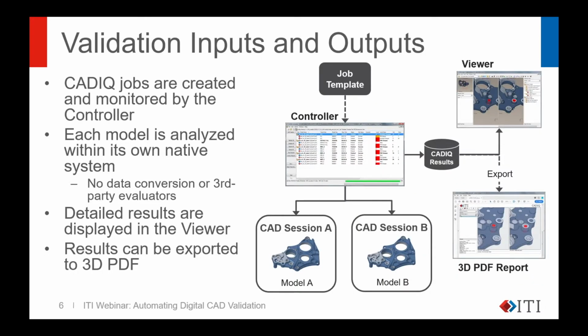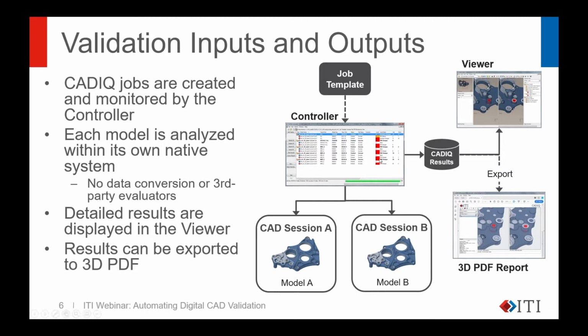Really, digital validation, when you consider the automation of it, it's important to think about it from a user story, or how the user interacts with the data. So one of the strengths of doing it digitally is that the data is evaluated in the systems where it was generated. So for the sake of the discussion today, we're talking about inputs like a CAD model or two CAD models or a CAD model and a derivative file like a STEP or a JT or a 3D PDF file.